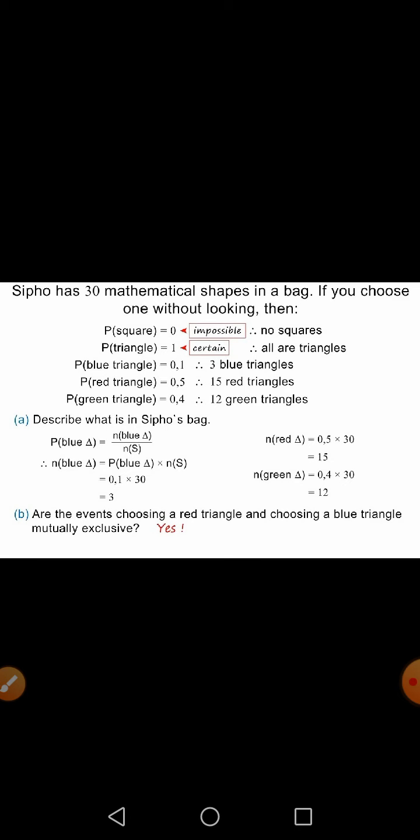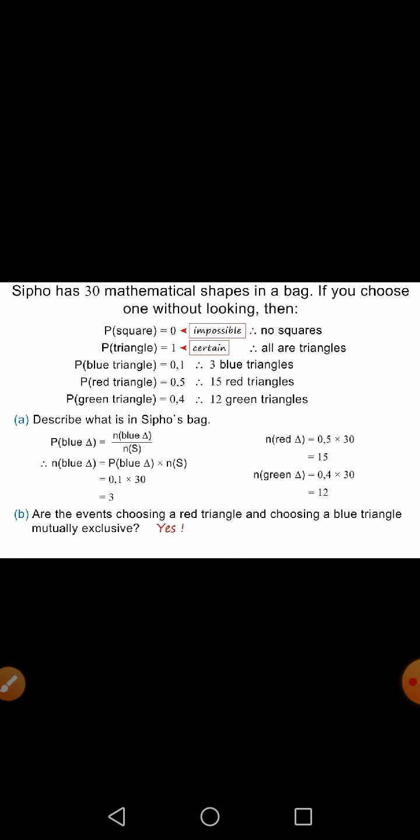Sifu has 30 mathematical shapes in a bag. If you choose one without looking, probability of a square equals 0, probability of triangles equals 1, probability of blue triangle equals 0.1, probability of red triangle equals 0.5, probability of green triangle equals 0.4.